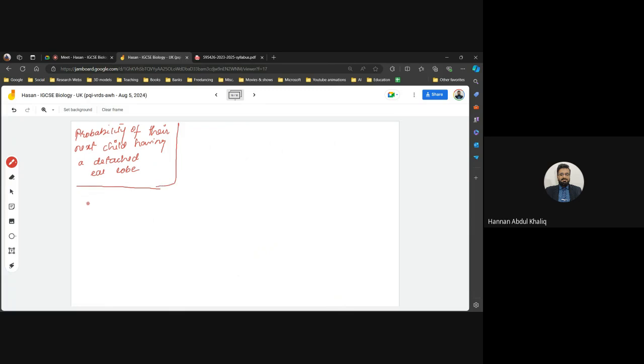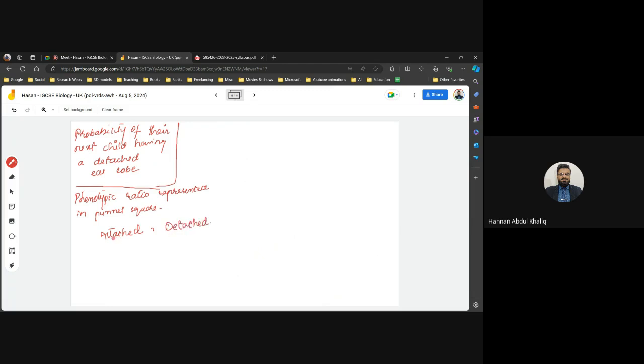We are basically supposed to be writing about the phenotypic ratio represented in Punnett square. What are the phenotypes? Attached and detached.